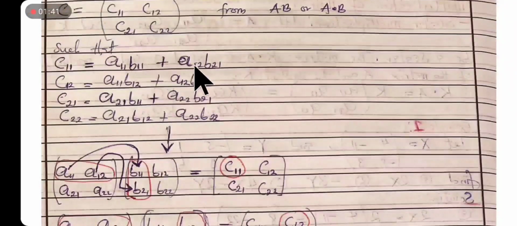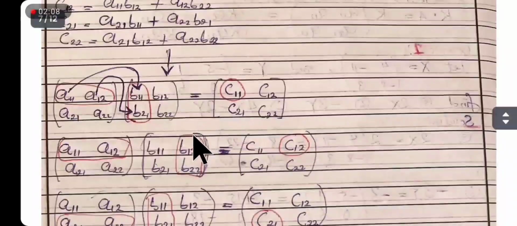If you multiply them together and add them together, the single value you get is your C11, the first entry. You are going to do it like that for each entry. So this is how to get C11. If you can perform this operation, you get your C11.